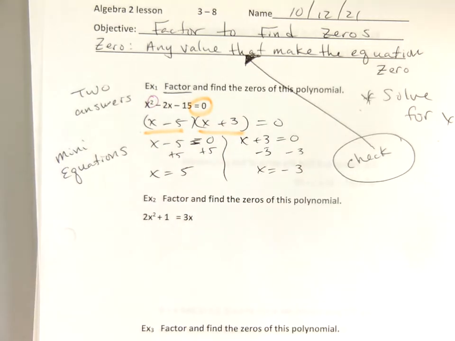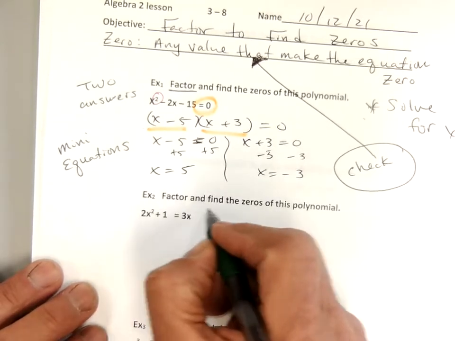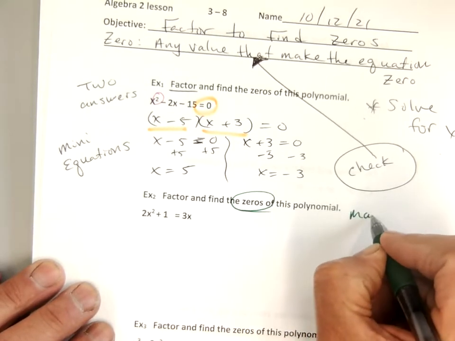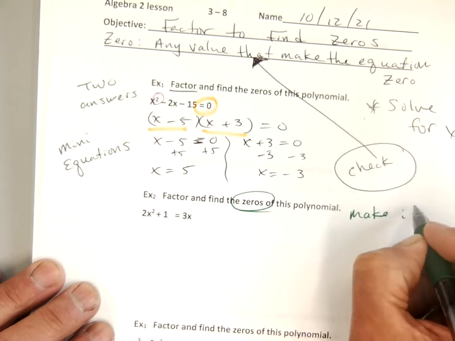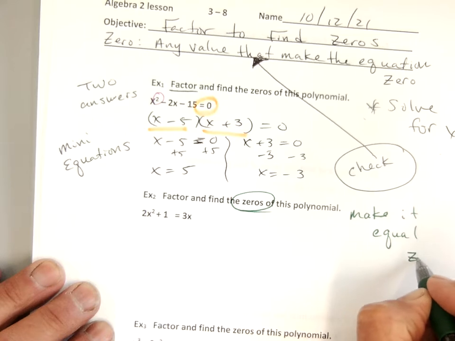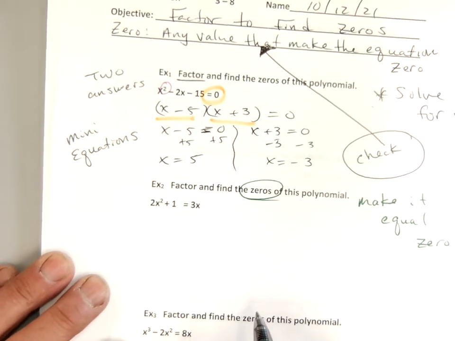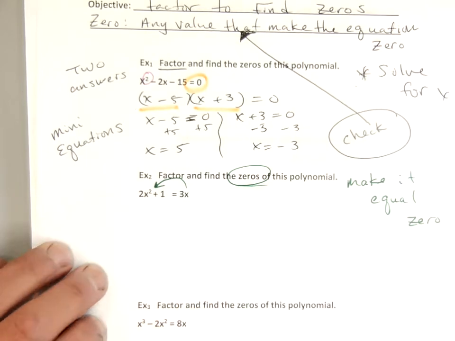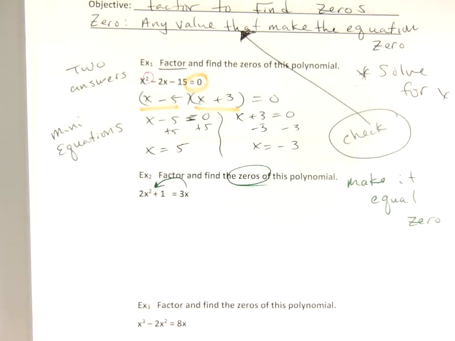Okay. Now, number 2. The thing about number 2 is it needs to equal 0, because they're called zeros, right? So what we need to do is make it equal 0. Well, that means I'm probably going to have to pick up the 3x and bring it over. Well, you can't really pick it up in math, so what am I really going to do? Anybody know how do I bring the 3x over?